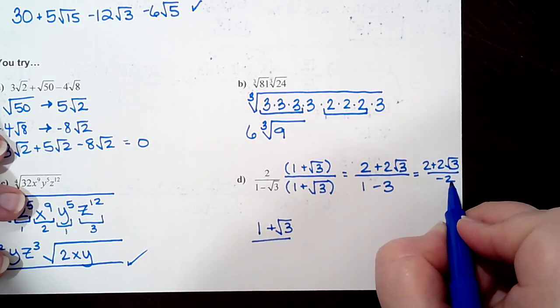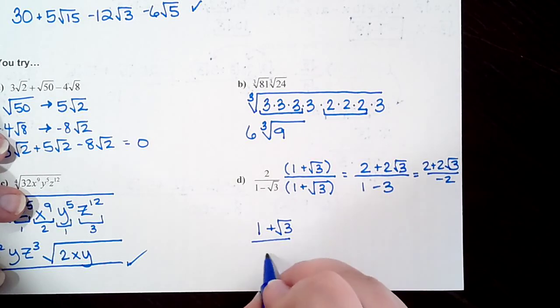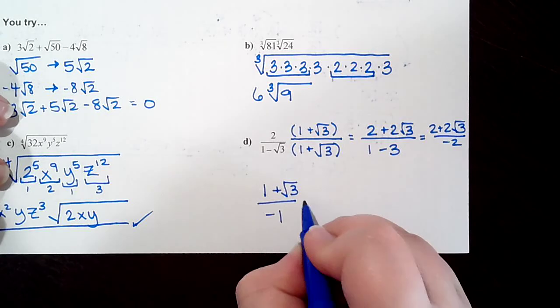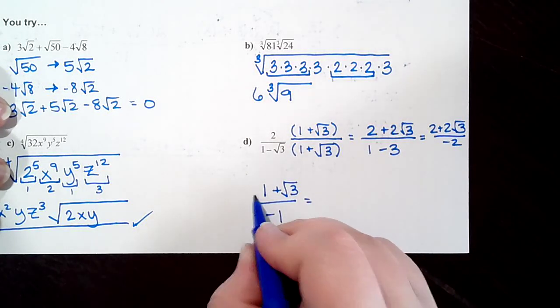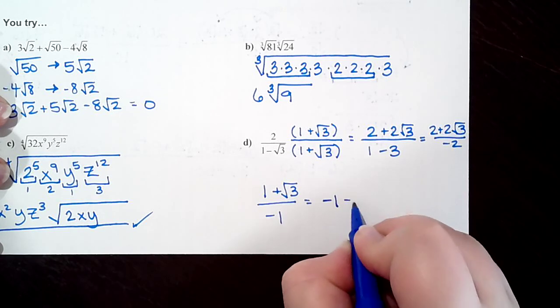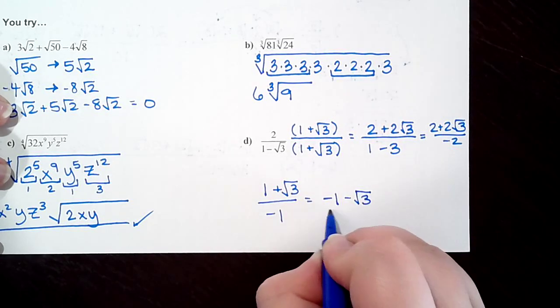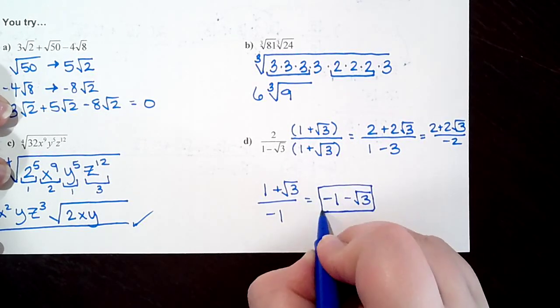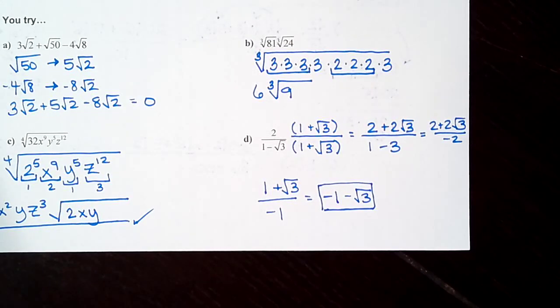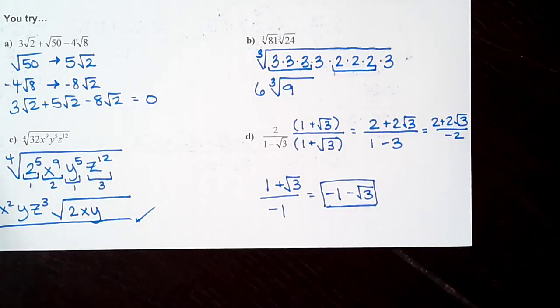And then negative 2 divided by 2 is negative 1. It doesn't make sense to leave it with negative 1 on the bottom. I would rather just distribute it to each of the top 2 terms, making it negative 1 minus square root of 3. Technically, this term is correct. The way that this is written, this just looks a little bit nicer in my opinion.